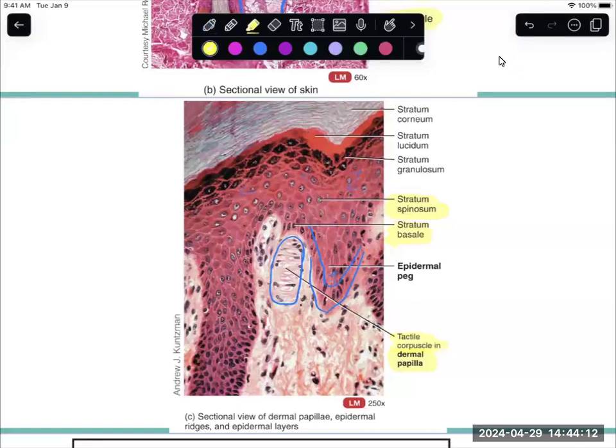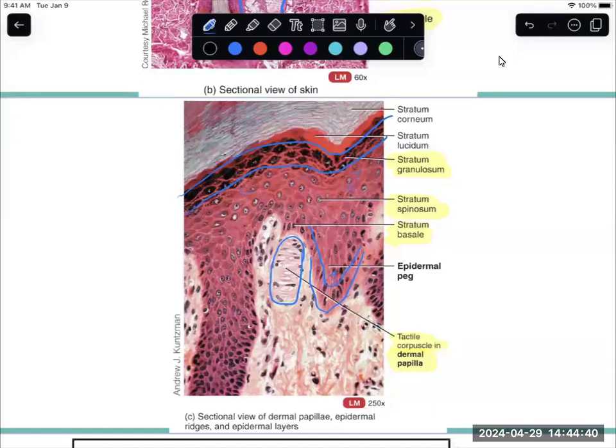The next layer up is the stratum granulosum. The nice thing with the stratum granulosum is you see all of these dark granules in here. Those dark granules are kind of fat granules that get made. We make proteins at this point to help make our cells tough, and they make our cells waterproof.